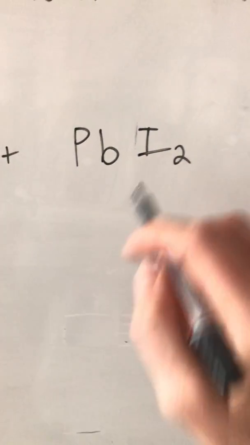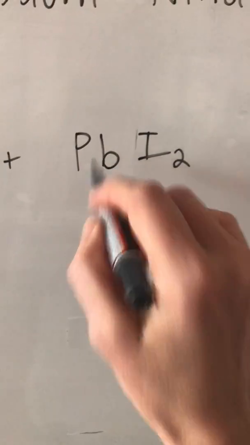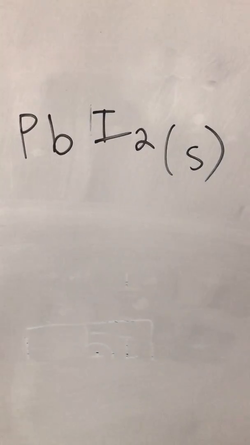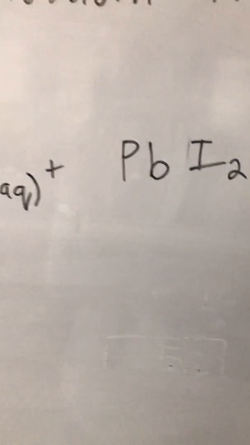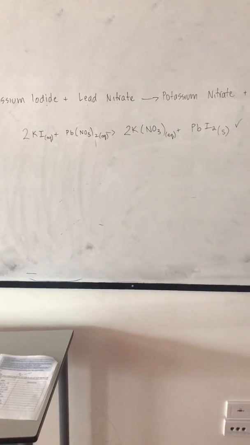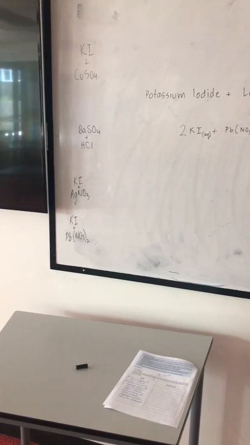So we know that we've got lead in there. So even though iodide doesn't usually form precipitates, if it's combined with lead then it does, and so I would indicate that with an S for solid. And that is your precipitate reaction. Ta-da! So you'll just do that process for some other combinations.